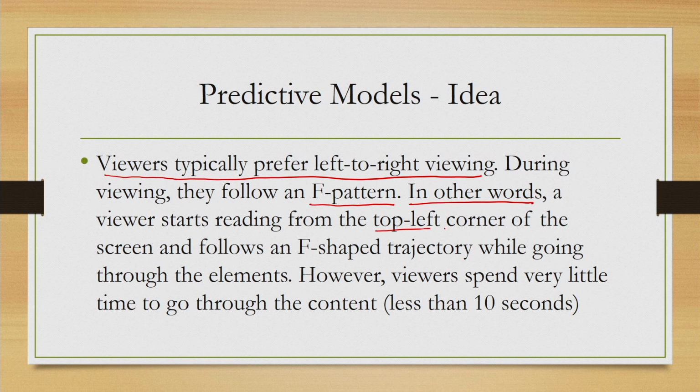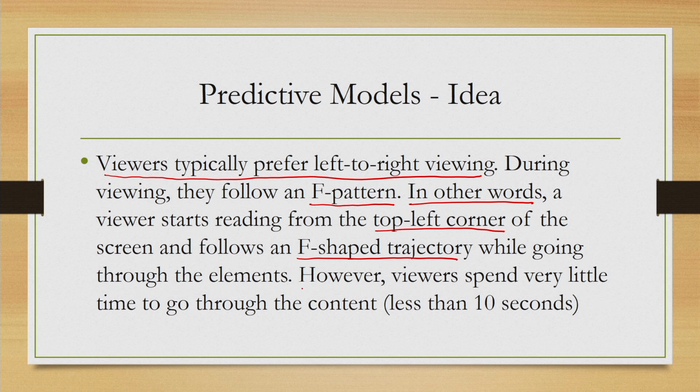So, top left corner of the screen, this comes from the first statement, viewers typically prefer left to right viewing, and F-shaped trajectory comes from the second statement that they follow an F pattern. So, the idea of F-shaped trajectory is that when we look at the objects, we follow a trajectory that looks like an F or the F letter in the English alphabet.